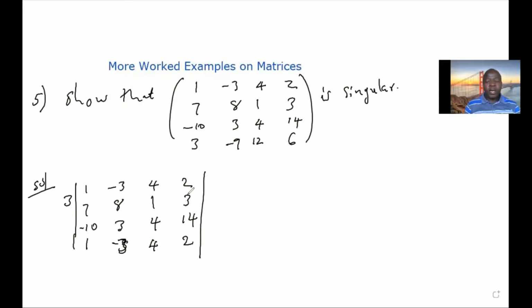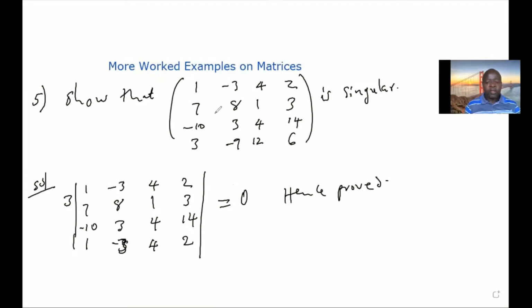Now, we said earlier that if a matrix has 2 rows which are identical, or 2 columns which are identical, then the determinant of that matrix will be 0. I can see this is 3 times the determinant of this, but this row and this row are identical. Row 1 and row 4 are identical. So that means the determinant is 0, and hence proved.